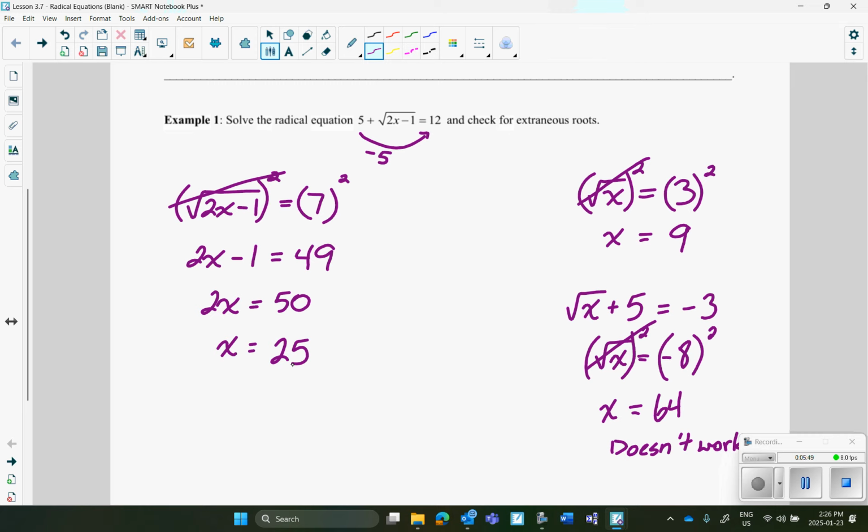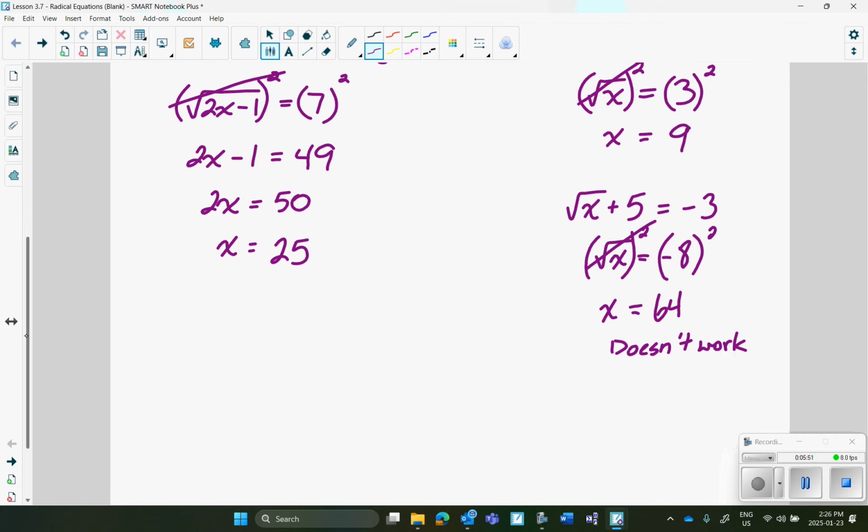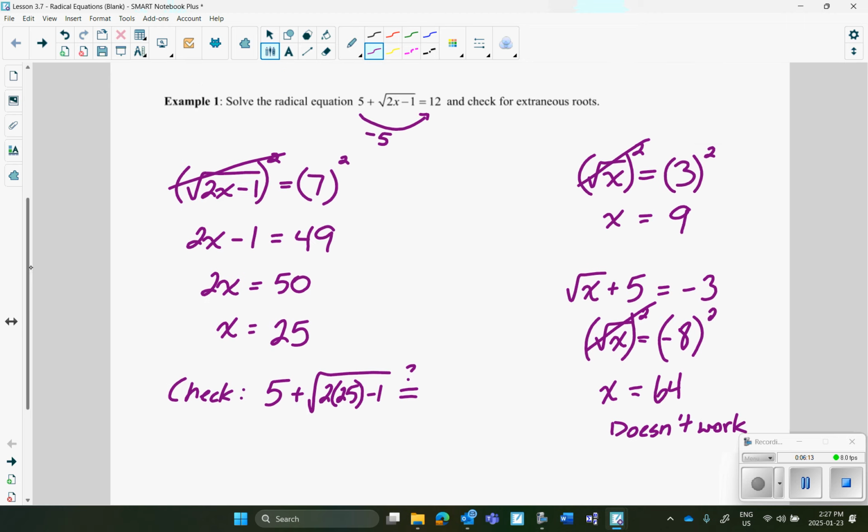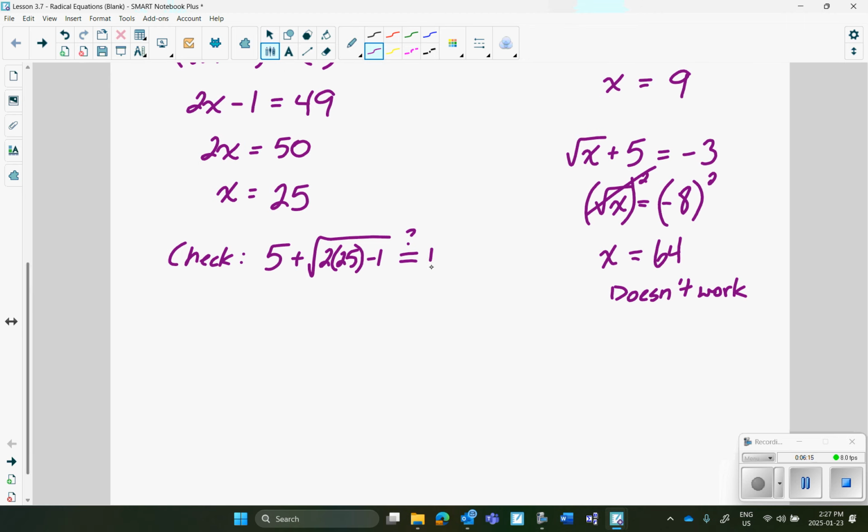But like I said, with these ones, you have to check. So going back to the original, does 5 plus the square root of 2 times 25 minus 1 equal 12? And notice I put a question mark because I don't know if it equals it yet.